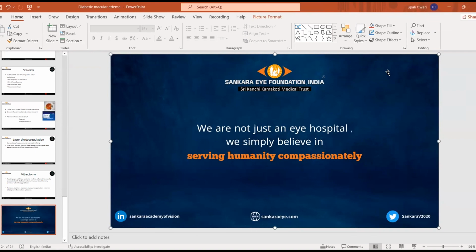You have a patient who has cataract and DME, how will you manage them? Intravitreal anti-VEGF injections can be used along with the cataract surgery. So you can give either the steroid or the anti-VEGF along with the cataract surgery.